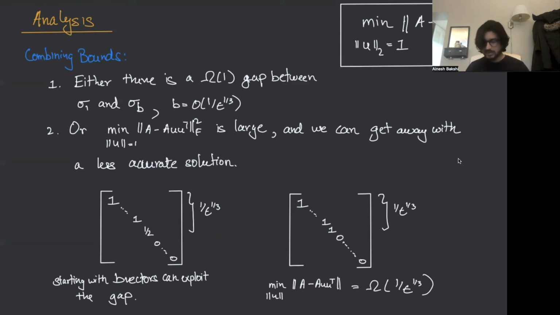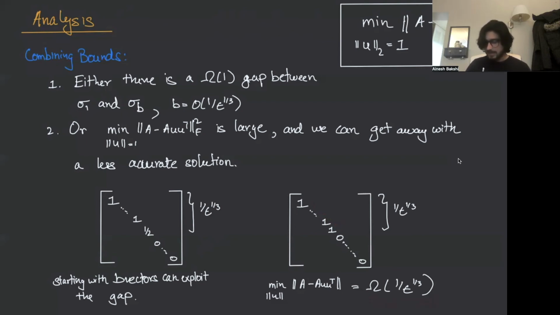Okay, so let's consider the opposite case. In this case, there is no gap in the top 1 over epsilon to the 1/3 singular values. They're all 1. But now observe that our objective value, which is essentially the sum of squares of all of the singular values from the second one to the 1 over epsilon to the 1/3 one, is 1 over epsilon to the 1/3.